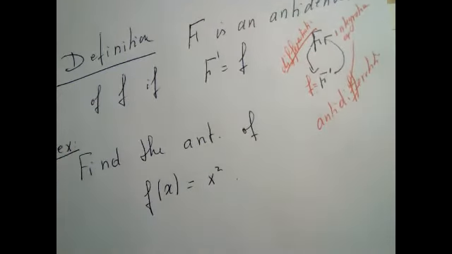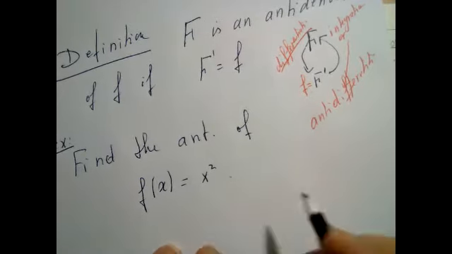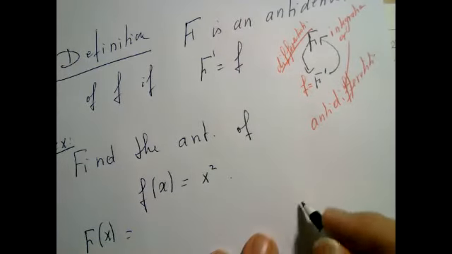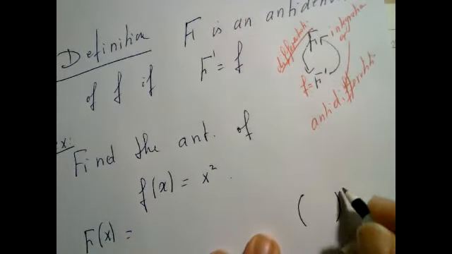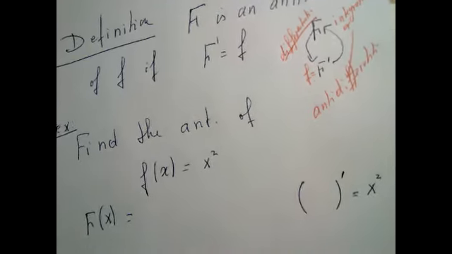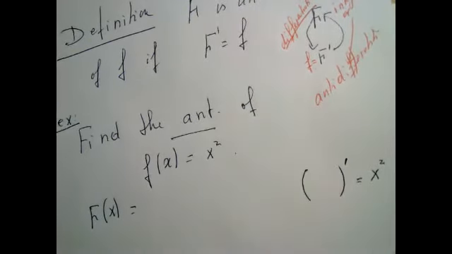So this means I need to find a function F of x that has the following property: if I take this function and differentiate it, I get x squared. That's what it means to find the antiderivative.